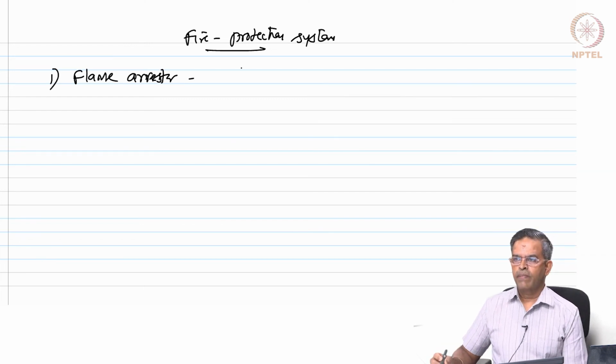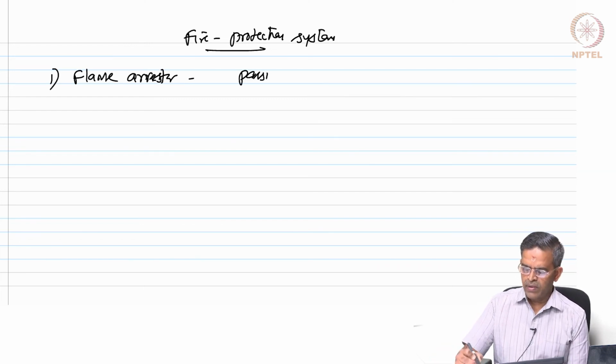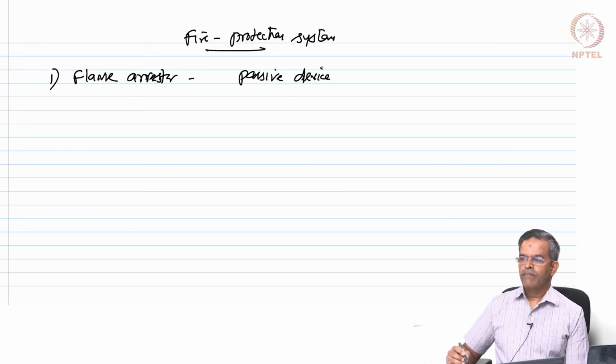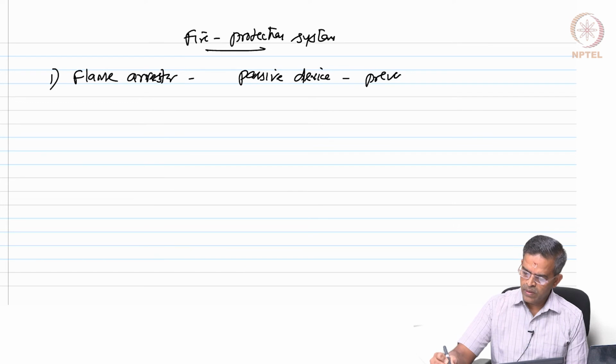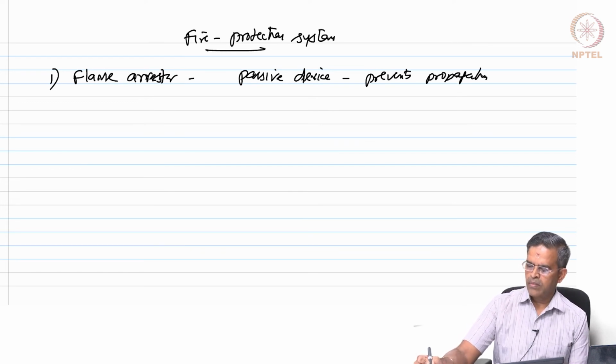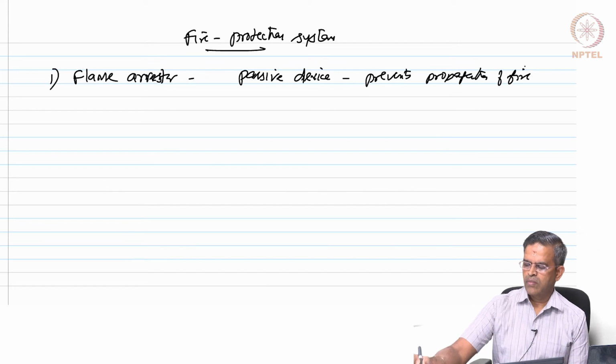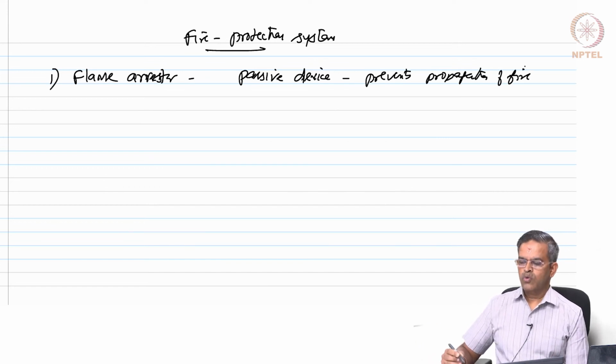Flame arrestor, it is a passive device which prevents propagation of fire through pipelines.